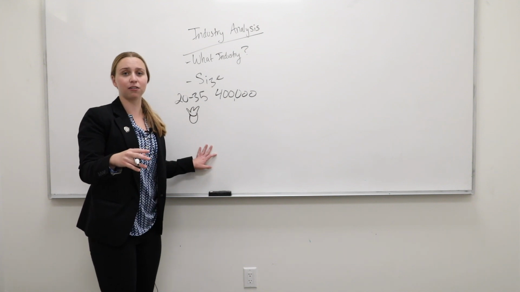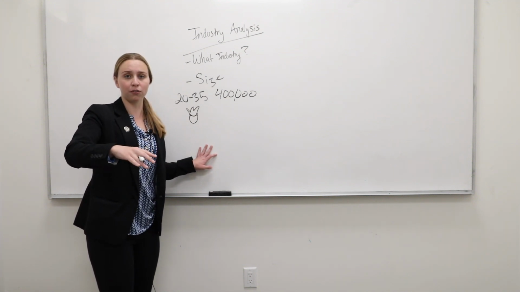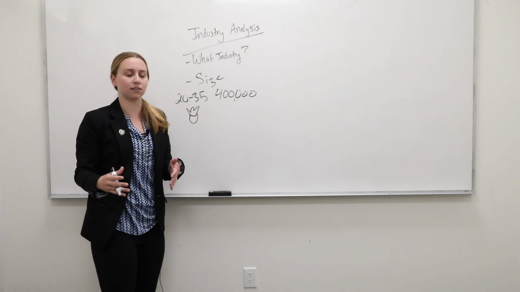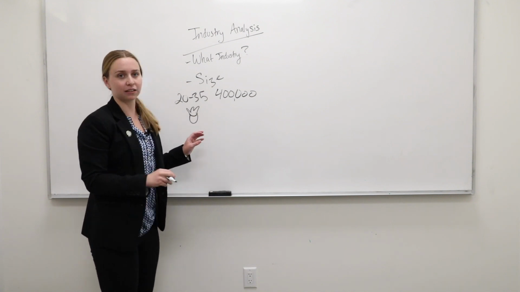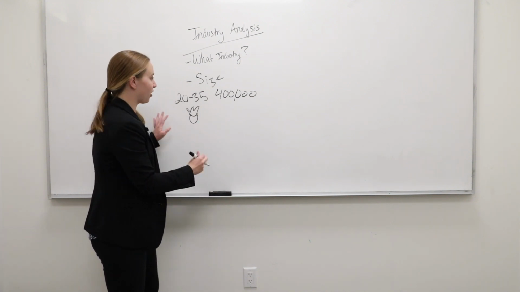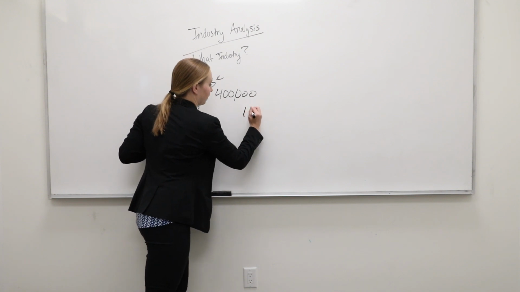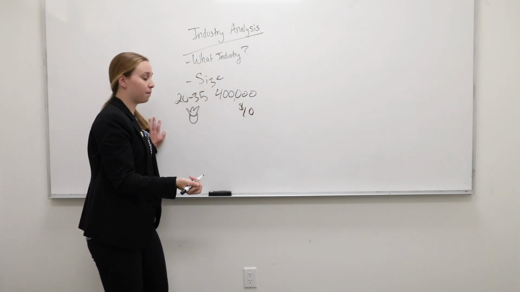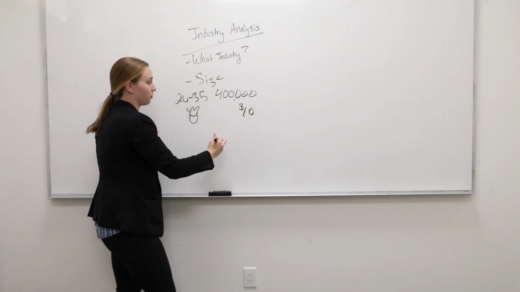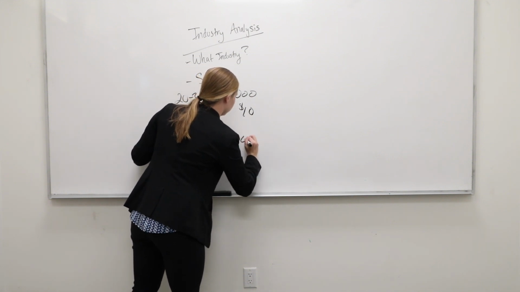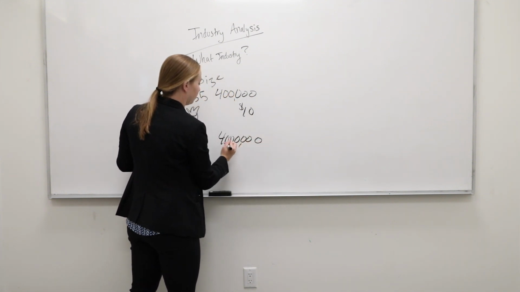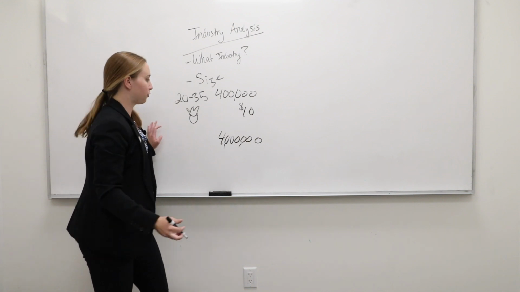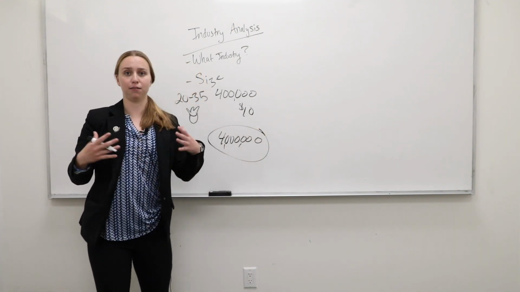You can even break it down into fresh food, fresh vegetables, and I'll tell you where you can find these statistics in a second. But you're going to get as detailed as possible. So their fresh food budget is, let's say, $10 a month, right? Then you're going to multiply these two numbers together, and you're going to get 4 million, right? So then this would be the size of my market.